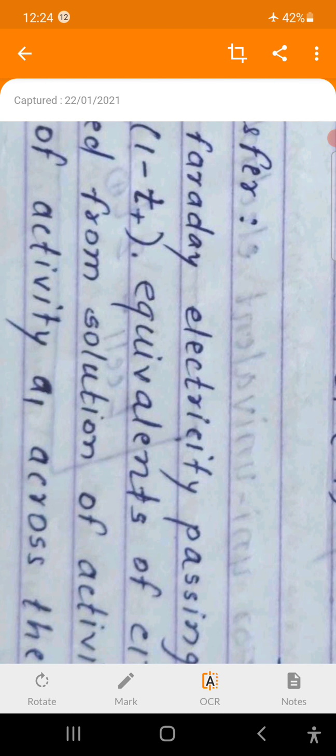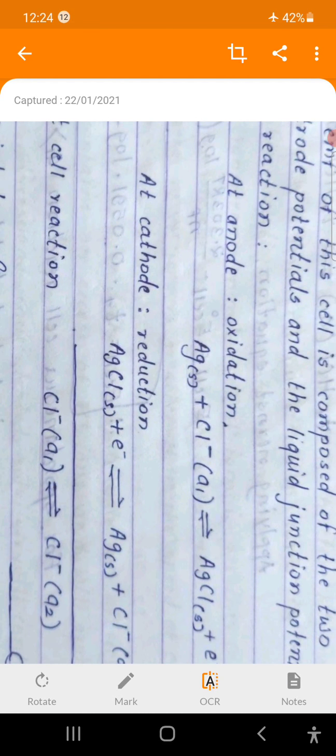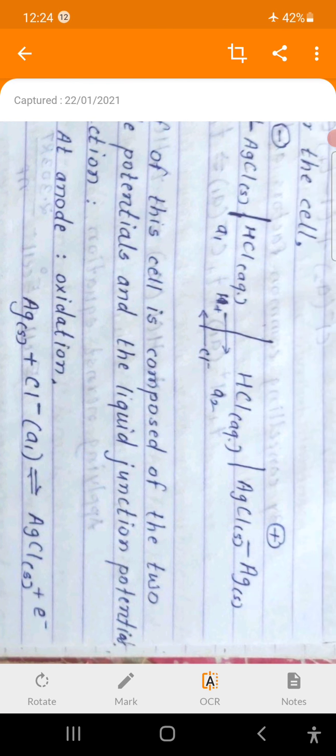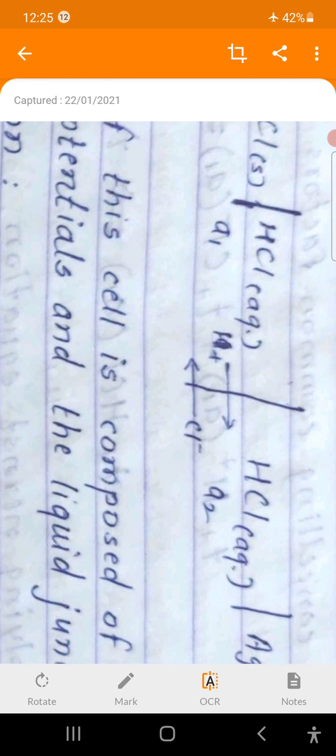Then during passage of 1 Faraday of electricity through this cell, there is transfer or movement of ions from one solution to another. How does that ion movement take place?